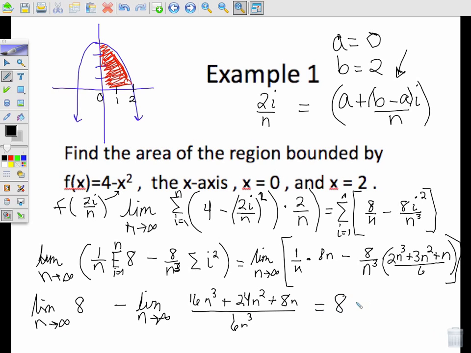So the limit of the first part, the limit of 8 as n approaches infinity, is equal to 8, and then minus, and this limit here is 16/6, because my degree is equal, 3 and 3. So 8 minus 16/6.